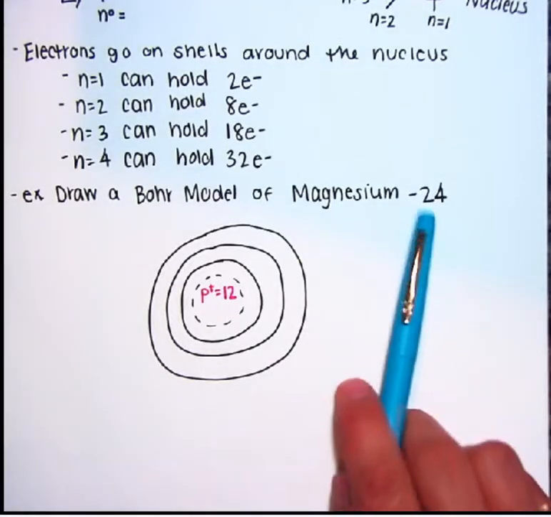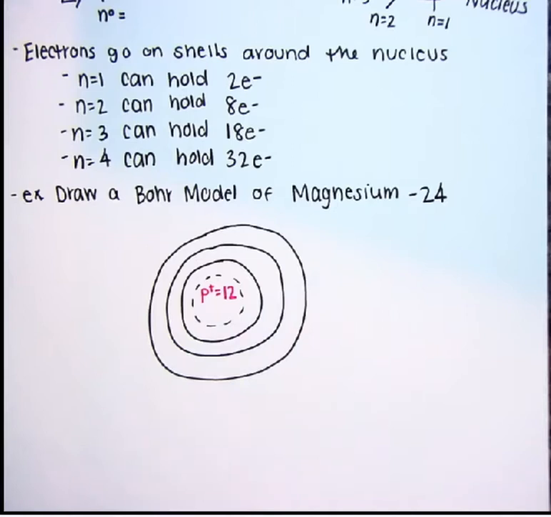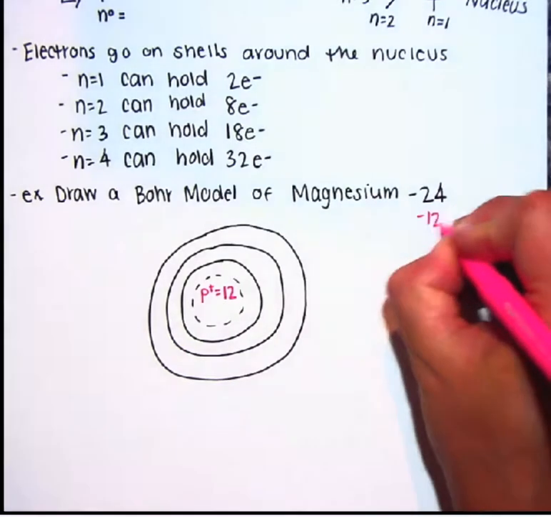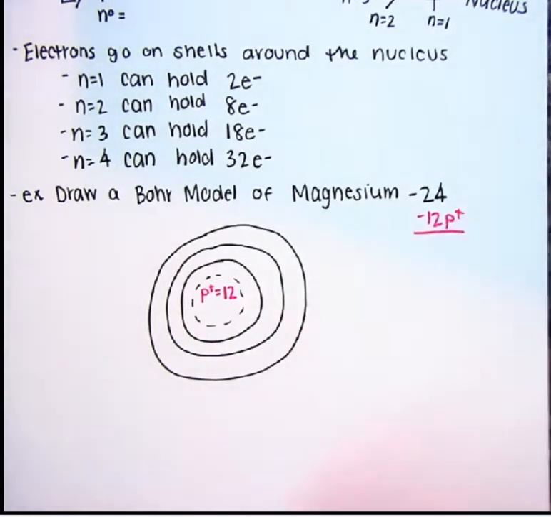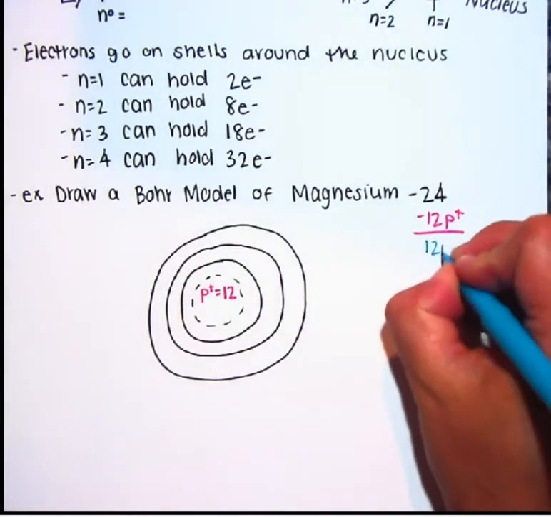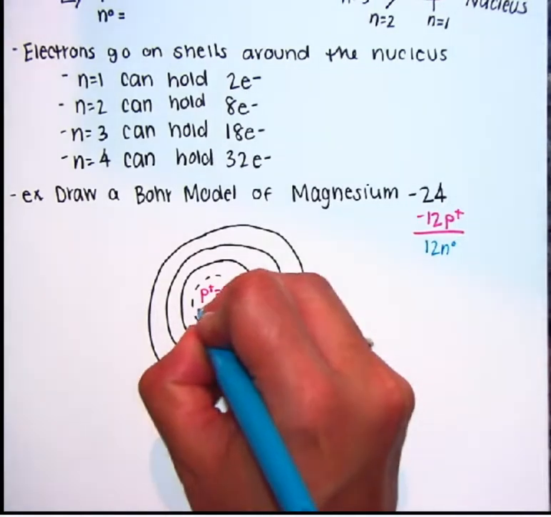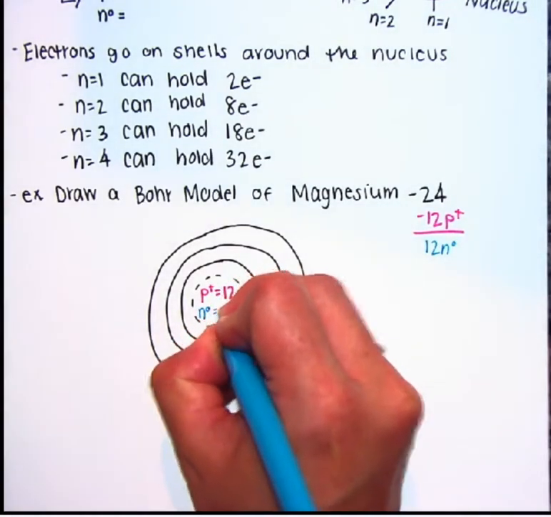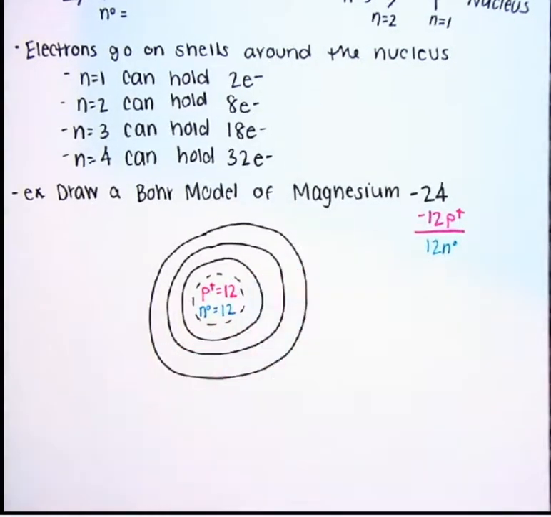Since it's magnesium 24 minus 12 protons, that means there must be 12 neutrons. So again, we can add those neutrons to the nucleus.